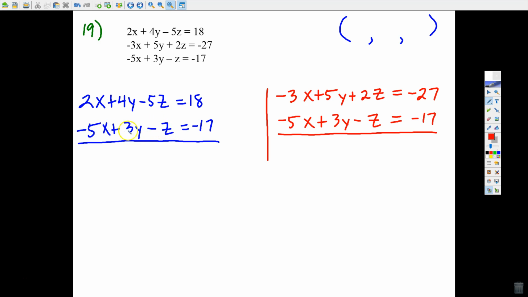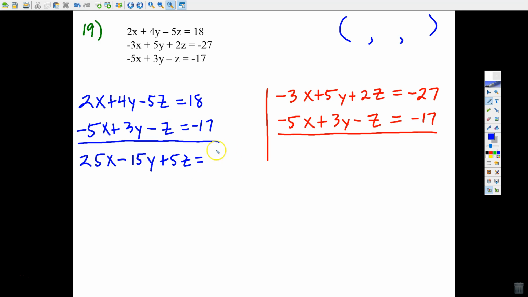I'm going to multiply this bottom equation by, you could either do -5 or +5. I think I'm just going to go ahead and do -5. So I'm multiplying the bottom equation all the way across by -5. All right? And so that makes positive 25x minus 15y, positive 5z, and then 17 times 5.